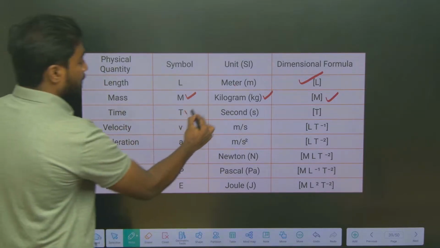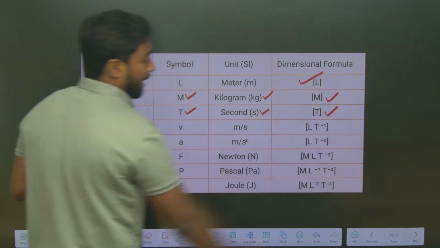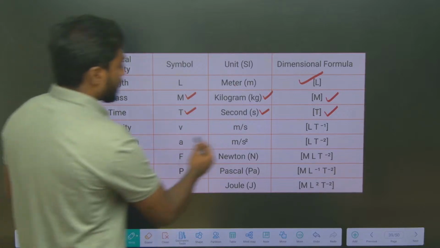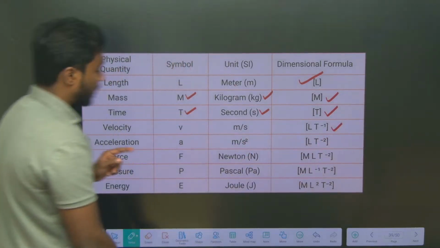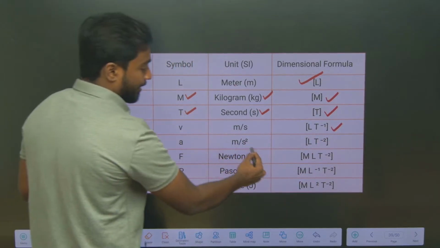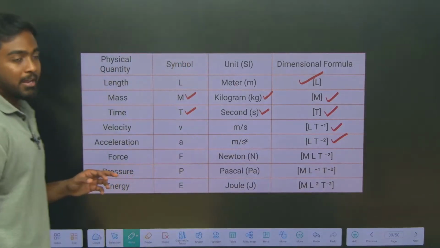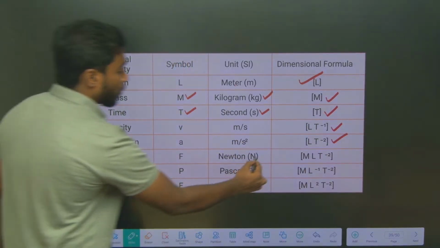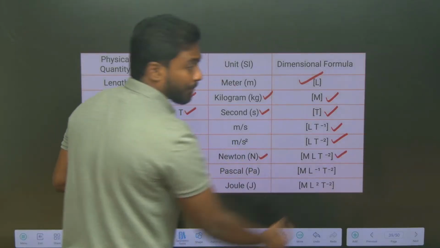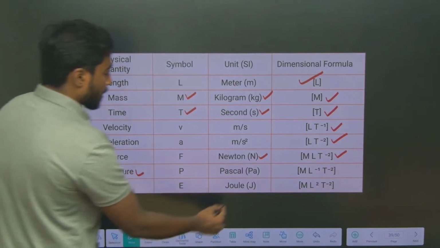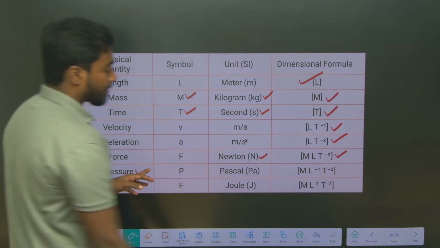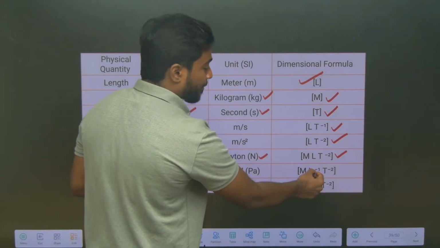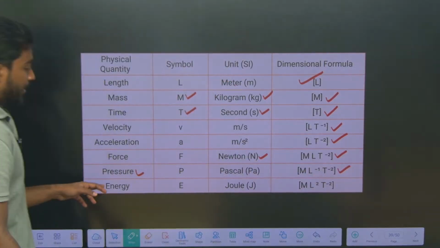Time: t, seconds, and capital T. Velocity v, meter per second, L T power minus 1. Acceleration a, meter per second square, which is L T power minus 2. Force, newton, and M L T power minus 2. Pressure, pascal is the SI unit, and M L power minus 1 T power minus 2.